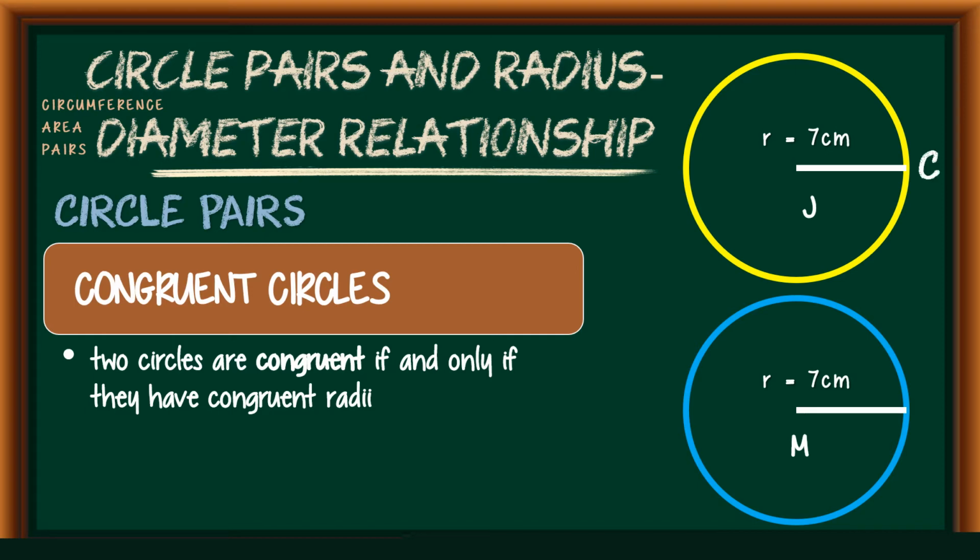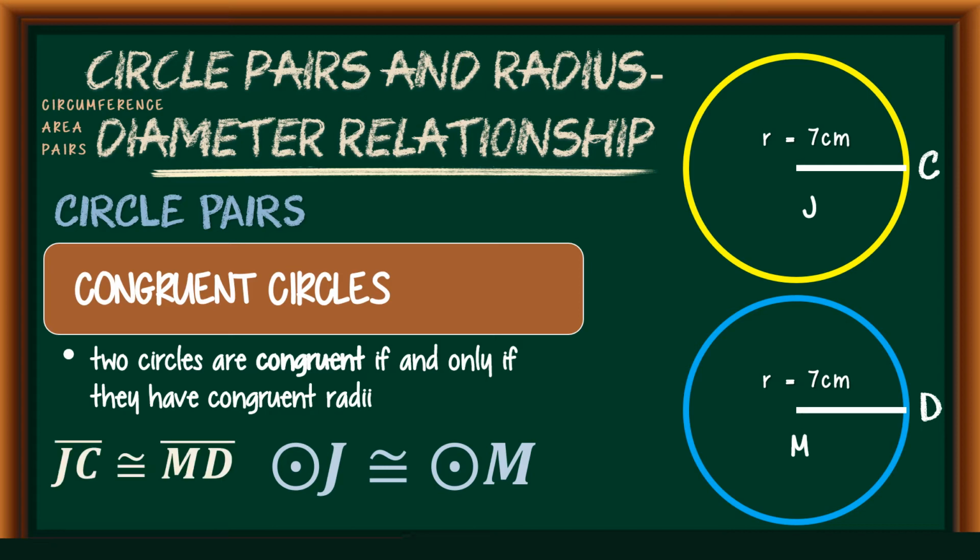Since they have the same radius measurement, we can say that circle J is congruent to circle M because line segment JC is congruent to line segment MD. And likewise, since line segment JC is congruent to line segment MD, we can conclude that circle J is congruent to circle M. Magkasing laki, magka-size si circle J and si circle M.